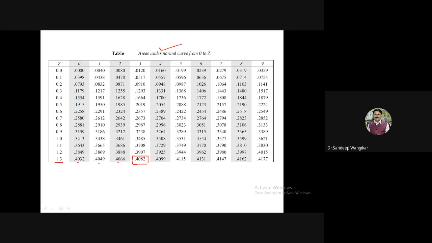I will take this value. So 1.3 and again further point is 3. So it is 34, 35, 36, 37, 38, 39. You can take the value. So I will say here the value area under this particular curve when Z is equal to 1.33. So for Z is equal to 1.33, you will get the area as 0.4082.